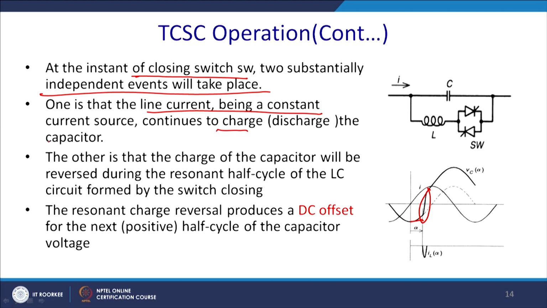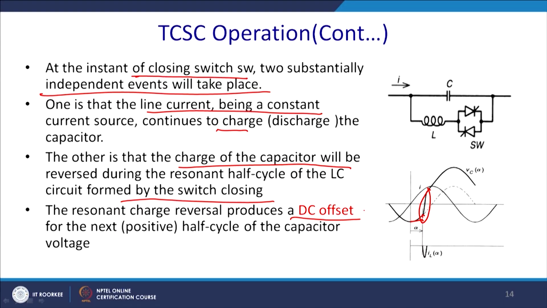The other is that the charge of the capacitor will be reversed during the resonant half cycle of the LC circuit from the switch closing. So, it will be jumping from this point to this point, and thus what happened? The resonant charge reversal produces a DC offset for the positive half cycle and the negative half cycle of the capacitor voltage. So, you will have a DC component coming into the picture.